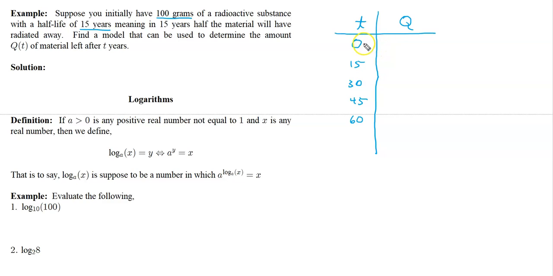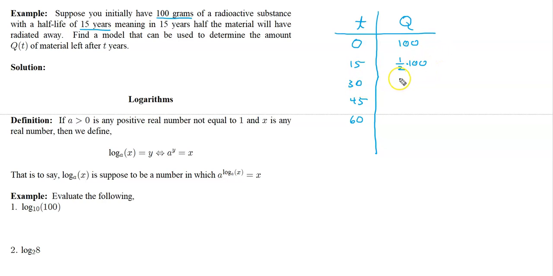Now, at time 0, you initially have 100 grams of the substance. After 15 years, that's going to be cut in half. So the amount of material that you have is going to be 1/2 of 100, so 1/2 times 100. Let's leave it like this instead of writing it as 50, because we'll see a nice equation come out if we leave it like this.